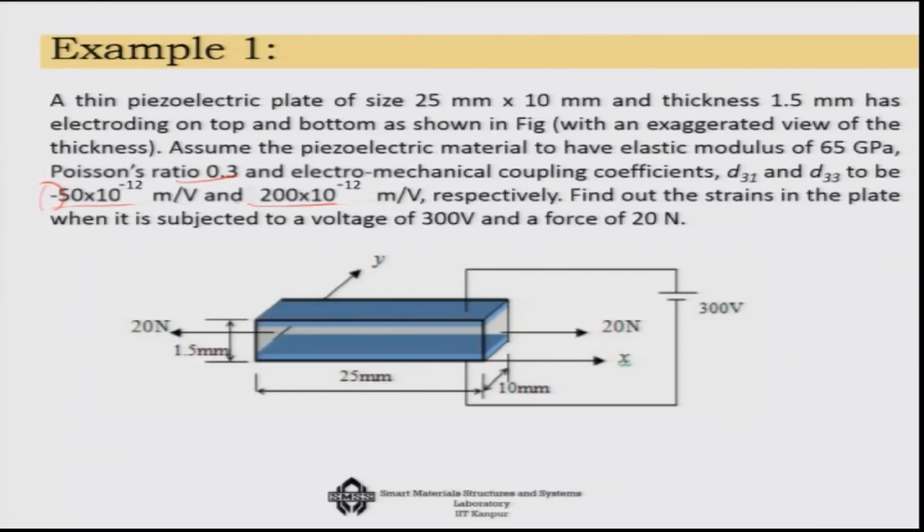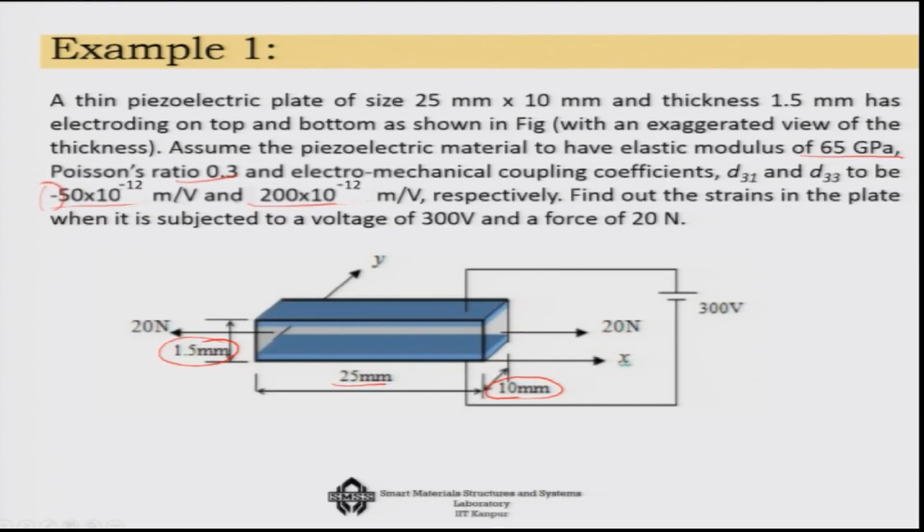Now, let us do one small example. Let us consider a thin piezoelectric plate of size 25 mm by 10 mm and thickness 1.5 mm, as shown here, where 25 mm is the length and 10 mm is the width. The piezoelectric material has an elastic modulus of about 65 gigapascal and a Poisson's ratio of about 0.3; D31 and D33 are known to us.